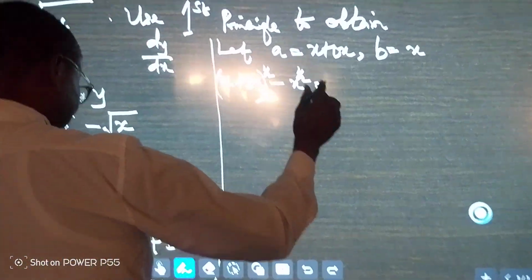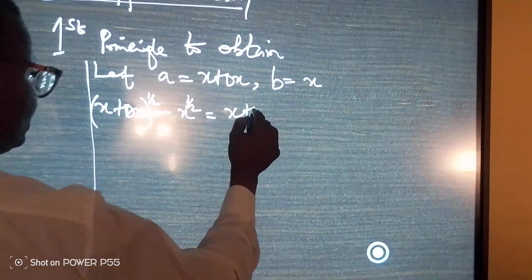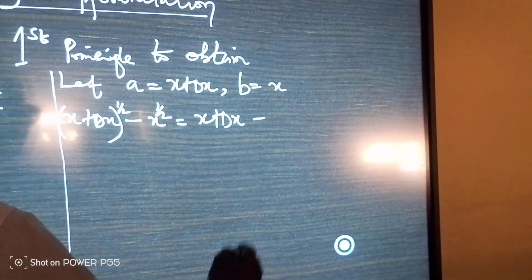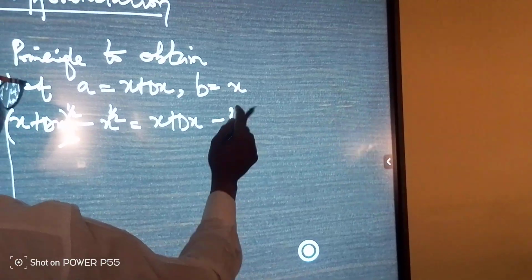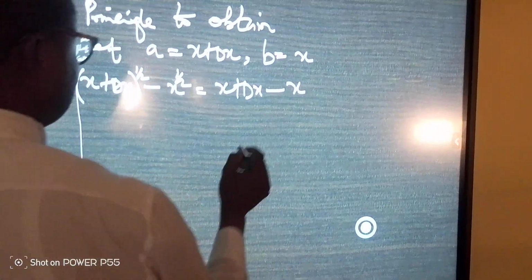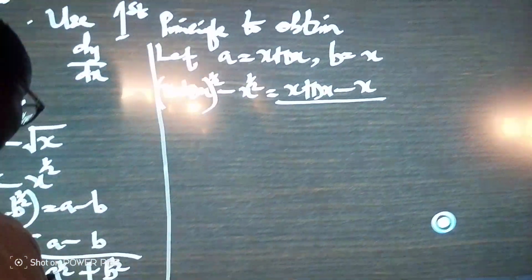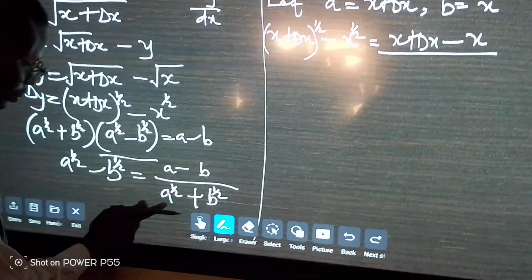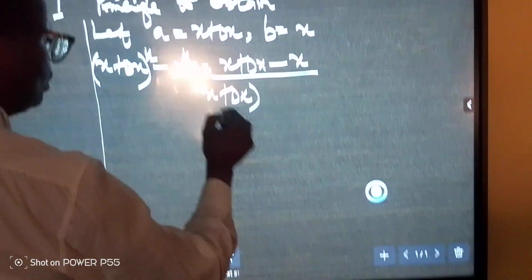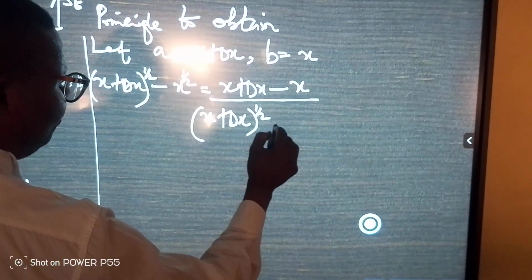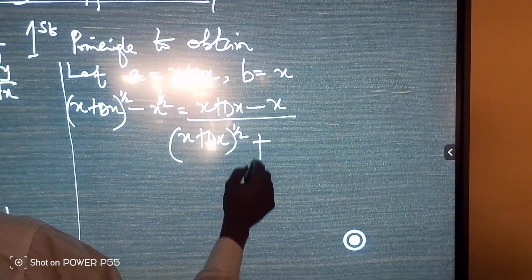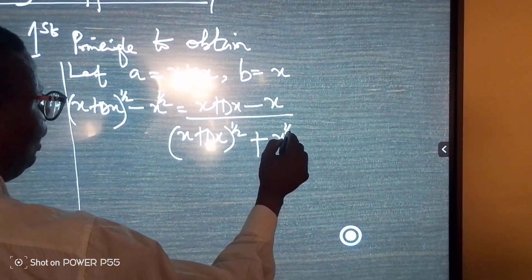That is x plus dx minus, what is b? b is x, minus x, divided by (x plus dx) raised to power half plus x raised to power half.